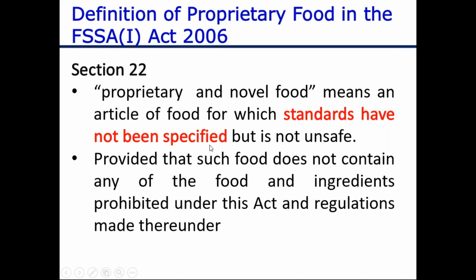That means in the list of standards in chapter 2.0, if the FBO wants to make a food which is not standardized, and it doesn't fall into any category of that, then it is known as a proprietary food. So this proprietary food should not contain any food or ingredient which is prohibited under the Act.